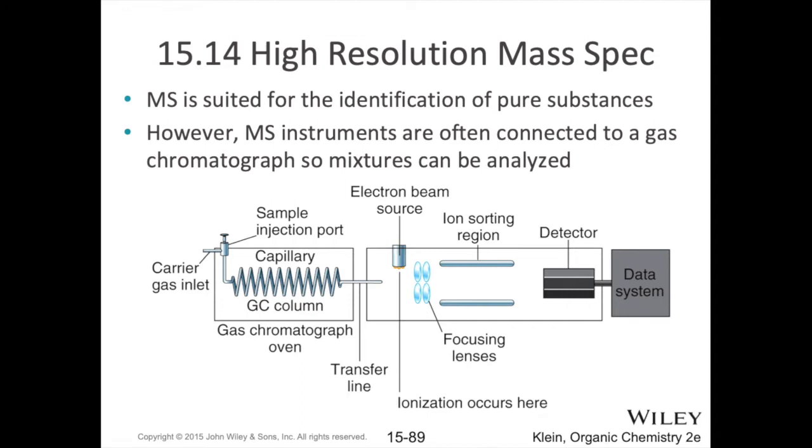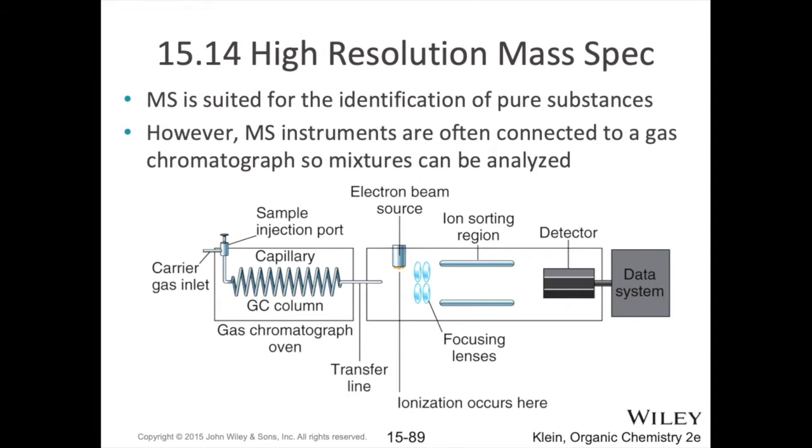And we ran a GC, or gas chromatograph, on that mixture to see the distribution of the 2 products. So if you go back through our labs from last semester, you might remember seeing a graph that had 2 peaks, with one peak bigger than the other, to show which one was your major product and which one was your minor product. A GC mass spec is basically taking these 2 techniques and running them together.